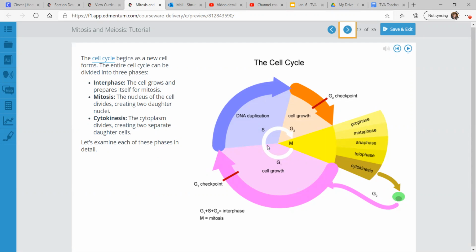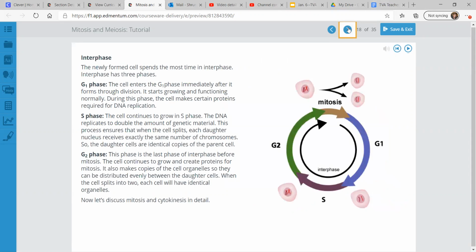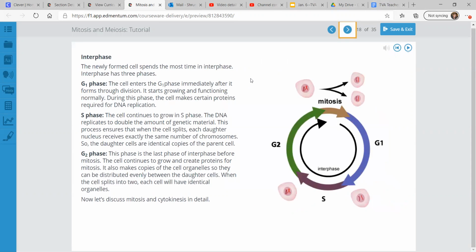Cytokinesis. That means the cytoplasm divides, creating two separate daughter cells. Let's examine each of these phases in detail. So we get a diagram here. And on the next slide, we're focusing on interphase.